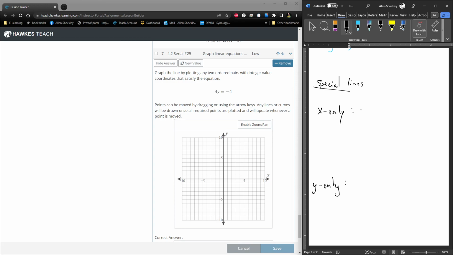So something like 4x equals negative 12 or x equals 3, right? Both of these are x-only lines. Because they are x-only, I got a lot of people saying, oh, well, then it can only go this way. That means that they can only touch the x-axis, okay?